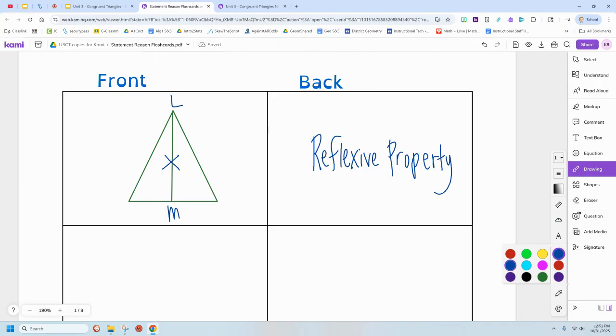We can say LM is congruent to LM. We just want an example, and you have to see it. That's the deal. You have to see it.